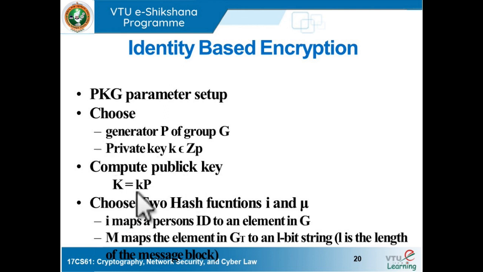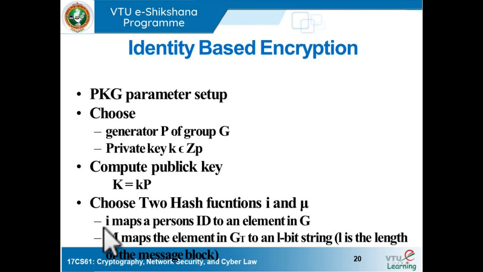Over here we have this random number which is the private key of PKG, which is multiplied along with the generator P in order to get the value of the public key of PKG, which is represented using a capital K. Also, the public key generator chooses two hash functions I and move.